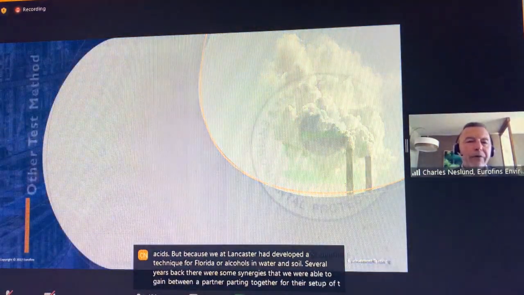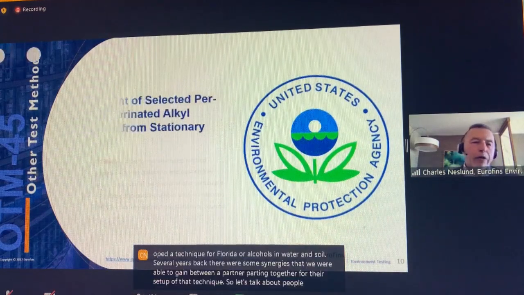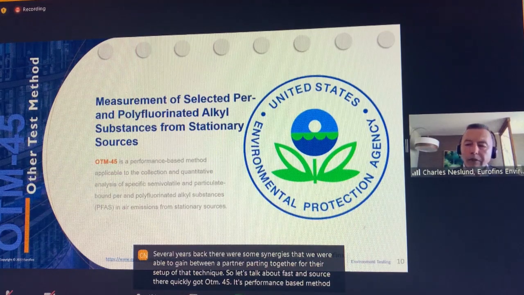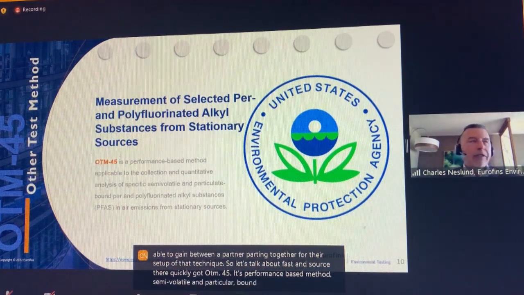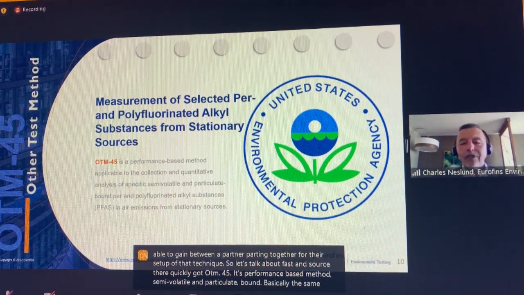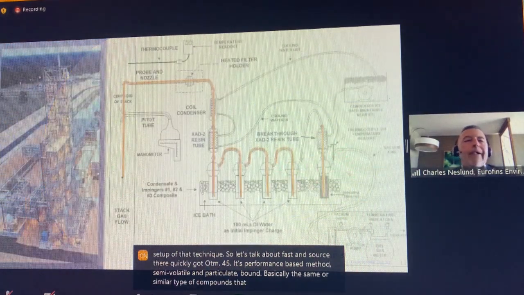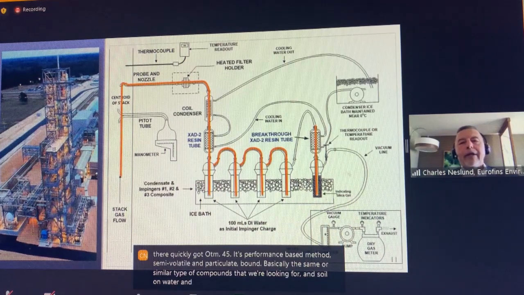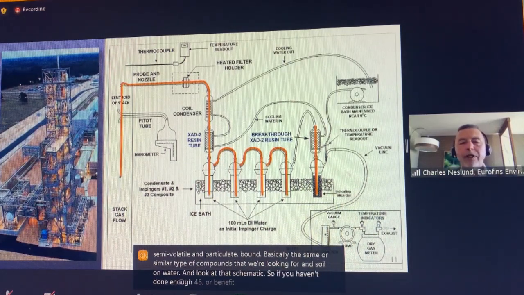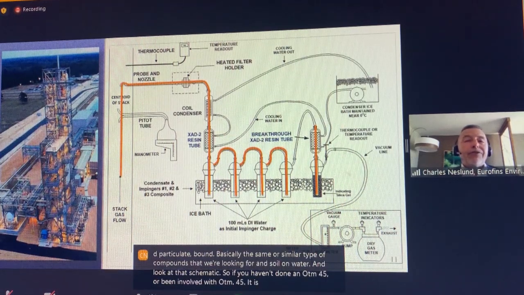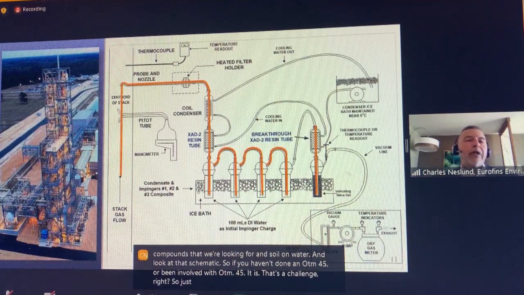So let's talk about PFAS and source there quickly. We've got OTM 45, performance-based method, semi-volatile and particulate bound, basically the same or similar type of compounds that we're looking for in soil and water. And look at that schematic. So if you haven't done an OTM 45 or been involved with OTM 45, that's a challenge, right? So just the sample collection is a challenge.